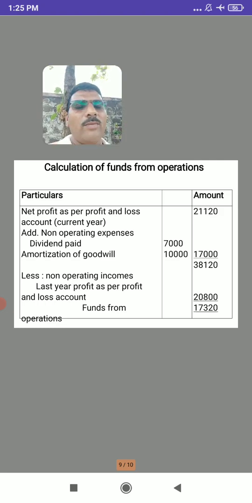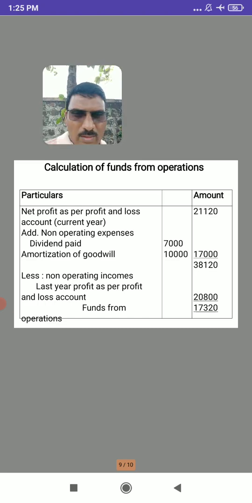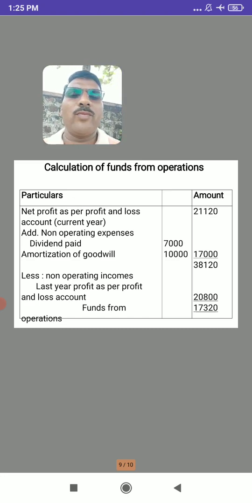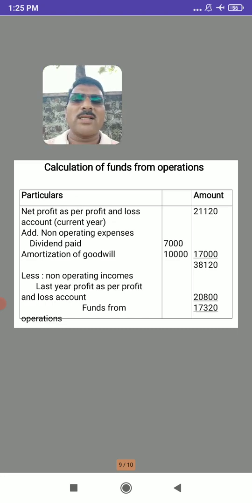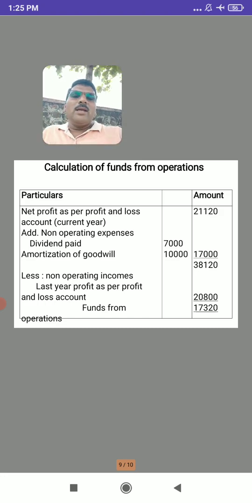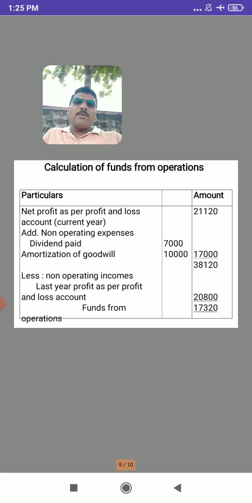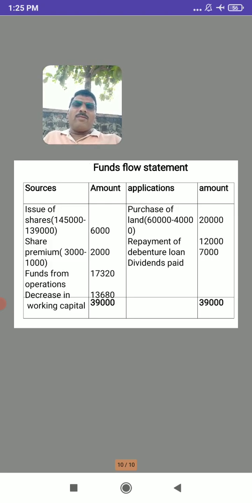We already know how to calculate the funds from operation, and we have seen it in the last problem also. These two answers, the changes in working capital and funds from operation, are to be recorded in the fund flow statement to tally the account. So now finally we are preparing the fund flow statement.